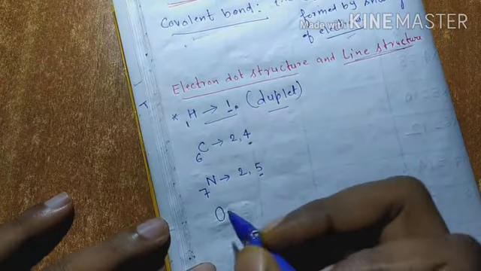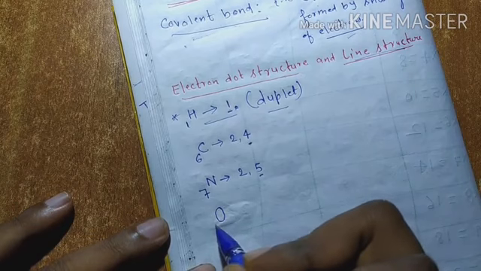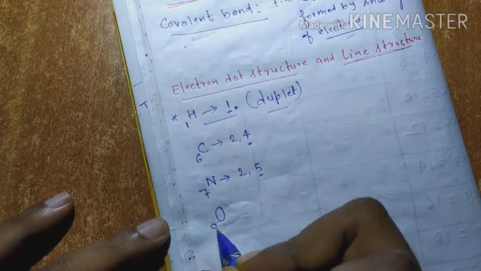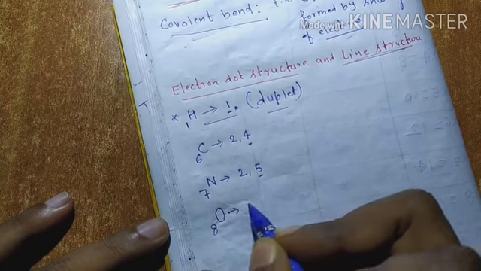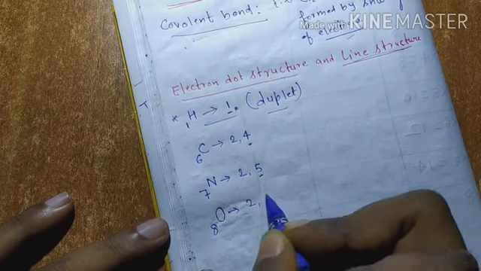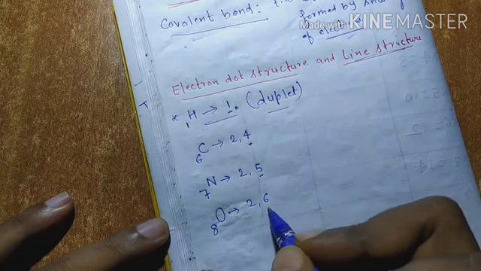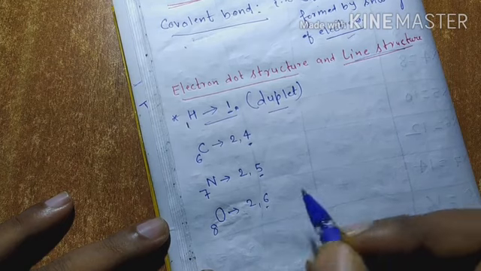Oxygen, atomic number 8, electronic configuration 2, 6. In the outermost orbit there are 6 electrons, right?